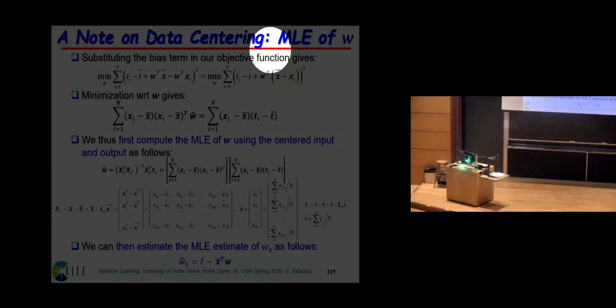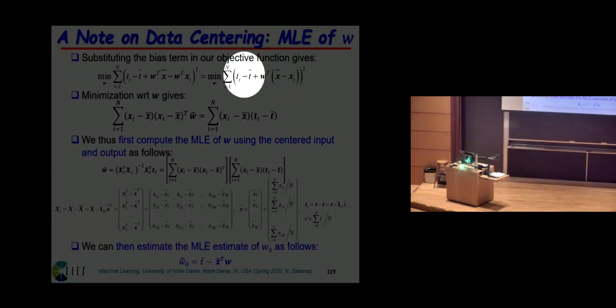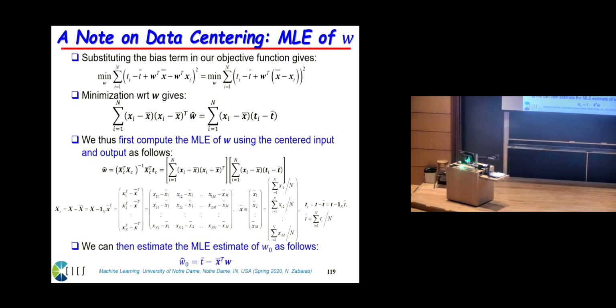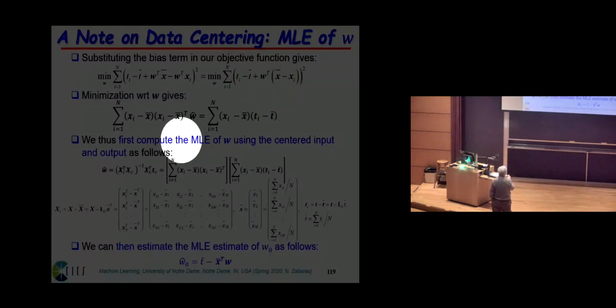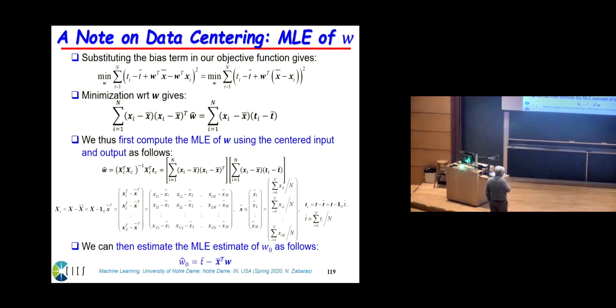So immediately you can see you have to do two things. You have to center the output, and you have to center the input. Then the problem becomes your standard least squares problem, where the design matrix involves centered X's and the output involves centered T's.